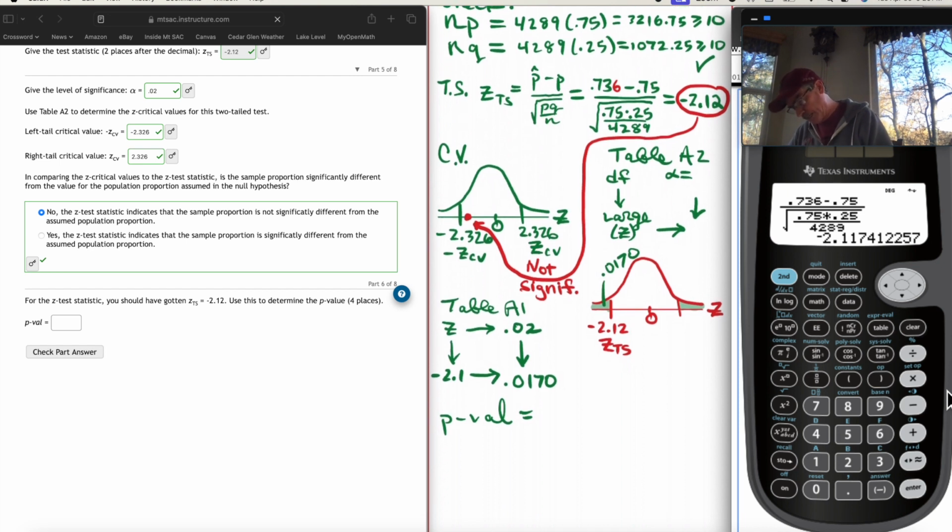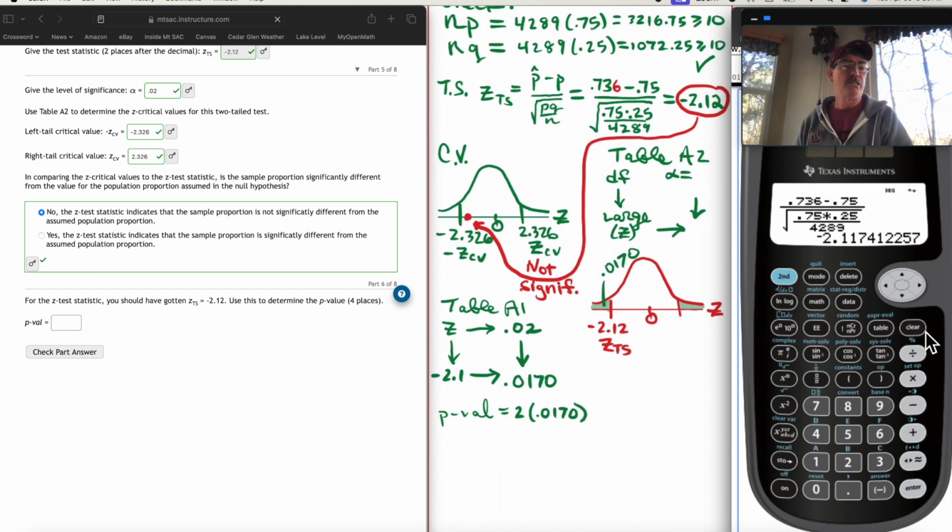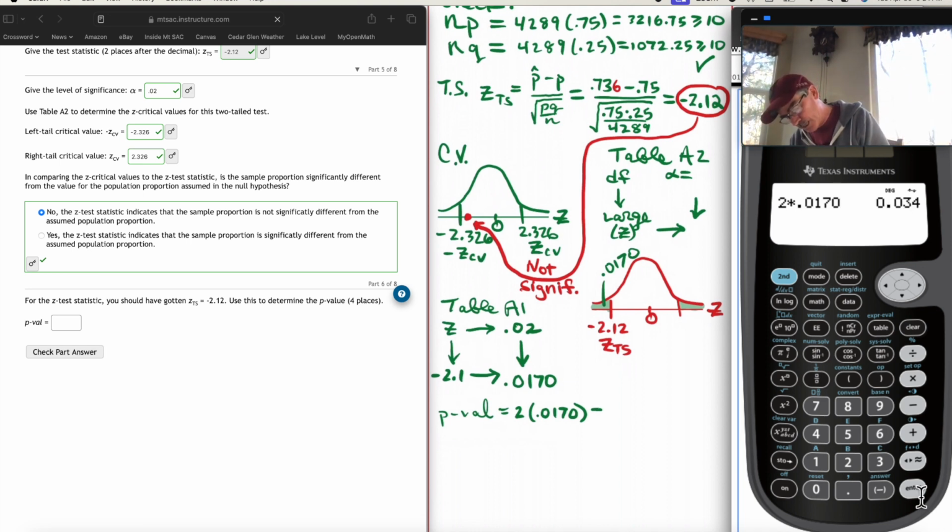So I'm going to write kind of small on this one to squeeze it all in. So for the p-value, I'm going to write 2 times 0.0170. So let's do that over here. 2 times 0.0170 is equal to 0.034. I'll go ahead and just say 0.0340.